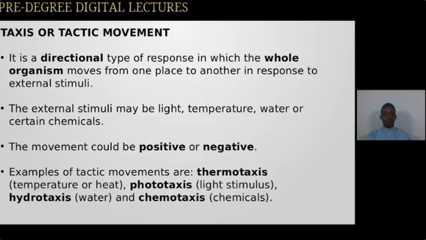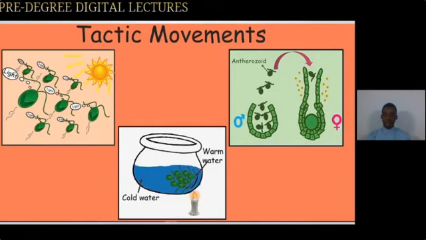Examples of tactic movement are thermotaxis, in response to temperature or heat; phototaxis, in response to light stimulus; hydrotaxis, response to water; and chemotaxis, in response to chemicals. Here's a simple diagram showing tactic movement in Chlamydomonas.